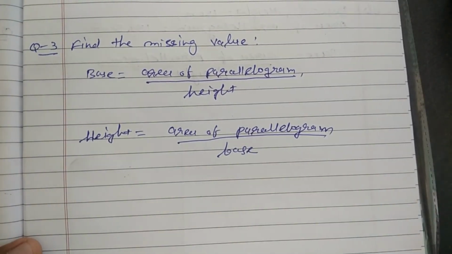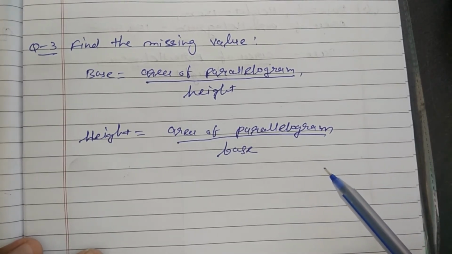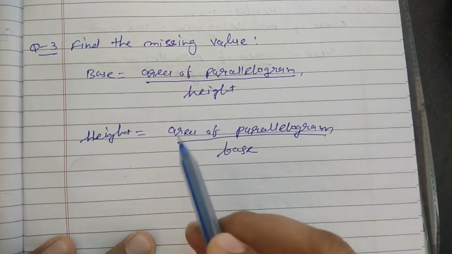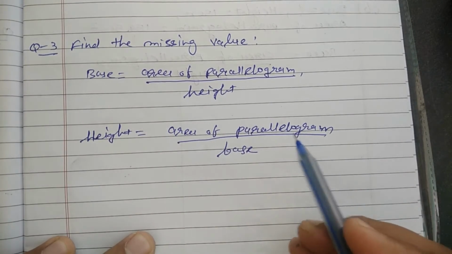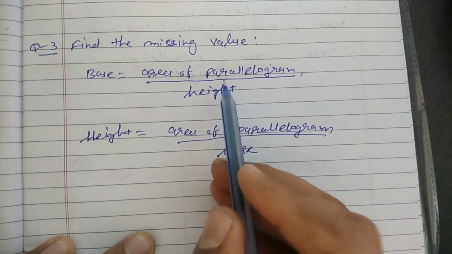Question number 3. Find the missing value. So in this sum, out of these 3, base, height and area of parallelogram, the value of 2 is given, and we have to find the value of the other one whose value is not given. So for an example, if height and area of parallelogram are given, we have to find the value of base.